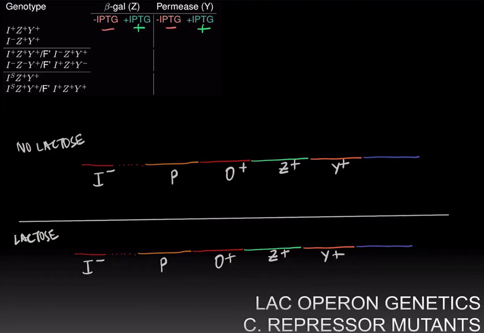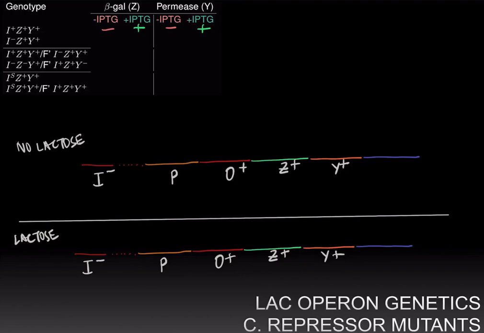Jacob and Monod discovered the function of the repressor through a series of lacI mutants. Recall that the wild type has inducible expression, and what that means is that there is no beta gal or permease expressed when you don't have IPTG or you don't have lactose.